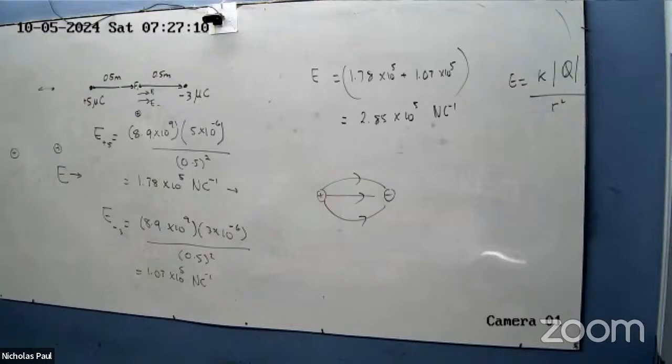Alright, try this here. Two point charges. Yes, recording the class here. Two point charges, one positive 1 microcoulomb and positive 2 microcoulombs.